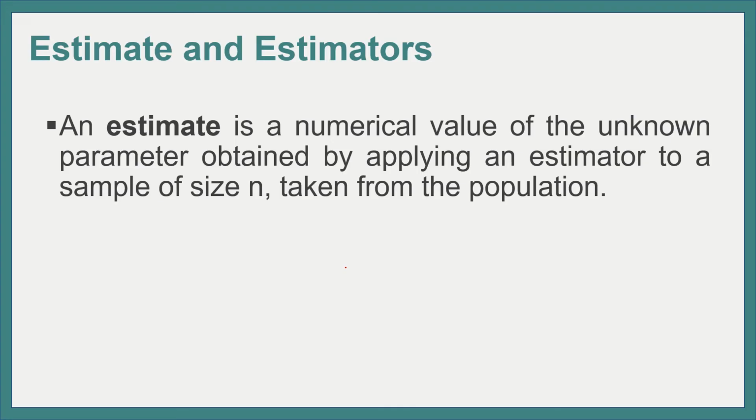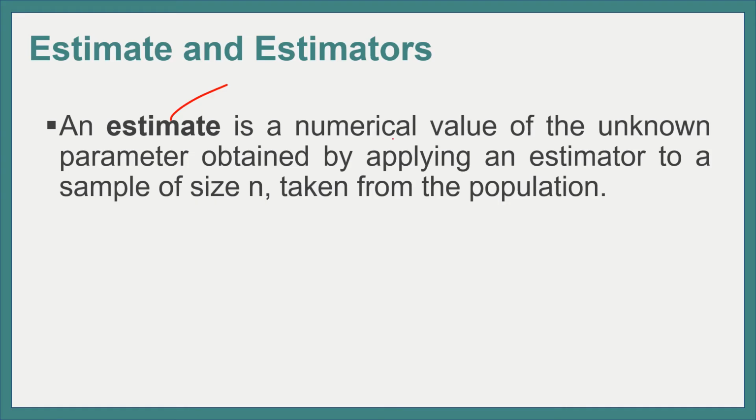First, for estimation of parameters, we need to define estimate and estimators. When we say estimate, this is the numerical value of the unknown parameter obtained by applying an estimator to a sample of size n taken from a population. So if we have a sample and we were able to gather data from it, then we can apply an estimator in order to get our estimate.